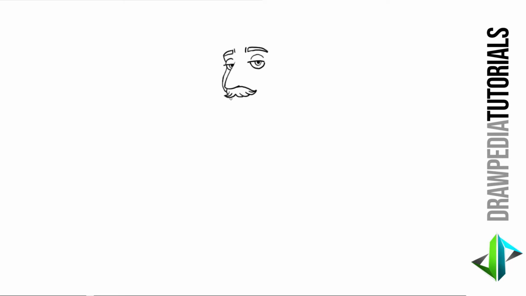Now for his mouth, I'm gonna draw a V shape right here with a circular tip and back up. Semicircle turn sideways all the way to the side of his mouth and upwards at the corner of the mouth right there.